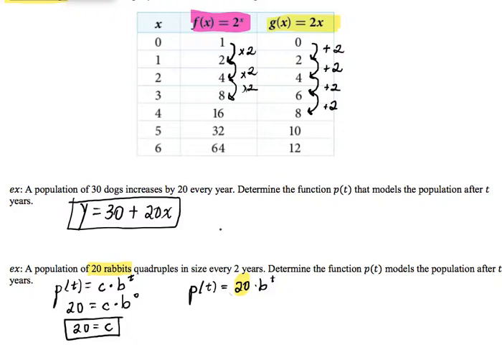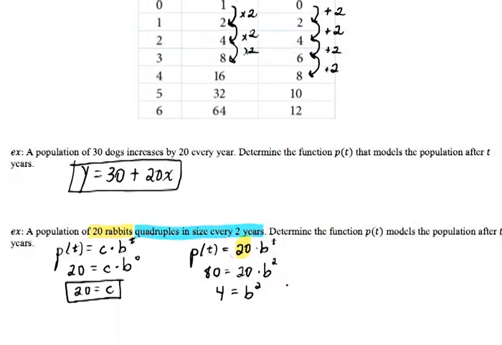Okay, now we can plug in another point to solve for b. So it quadruples in size every 2 years. All right, so after 2 years, we can say p of 2 would be 80 if it quadruples in size. So 80 would equal 20 times b squared. And we can solve this for b. So 80 divided by 20 is 4.